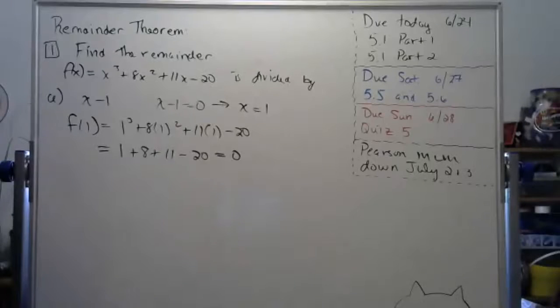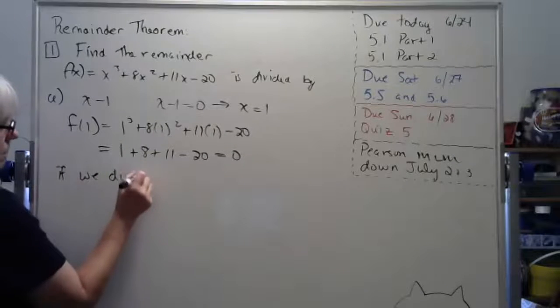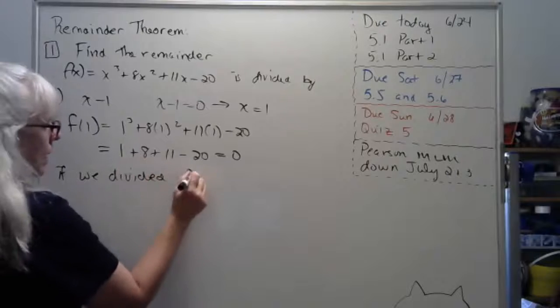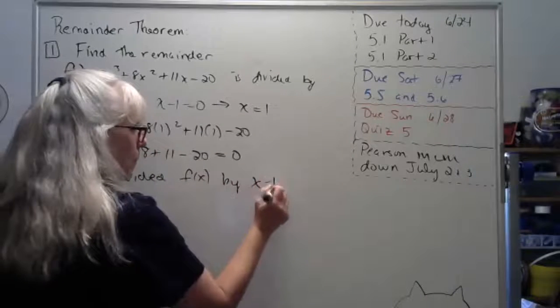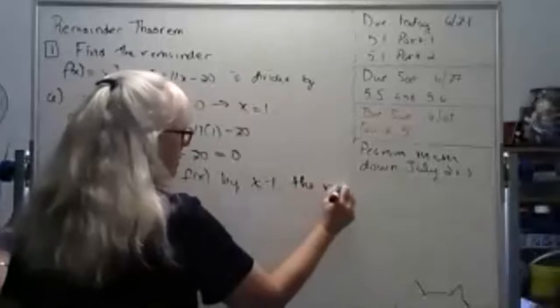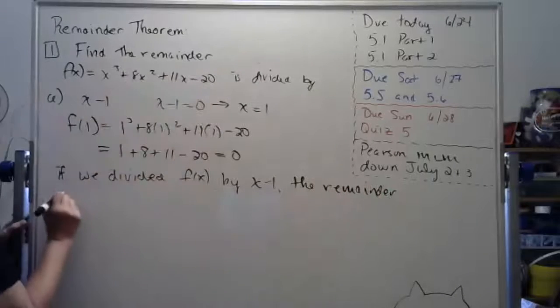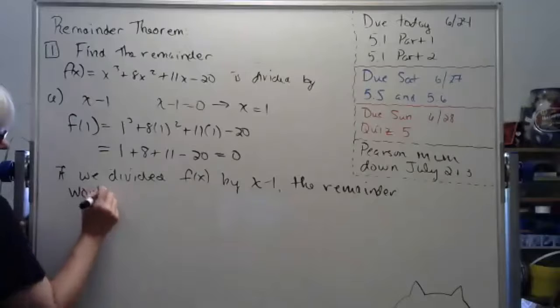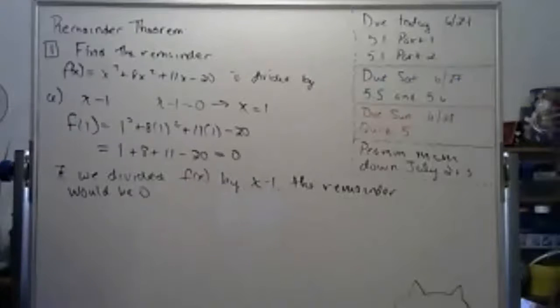So the remainder theorem says if we divided f of x by x minus 1, the remainder would be 0. So in other words, it divides into it evenly.